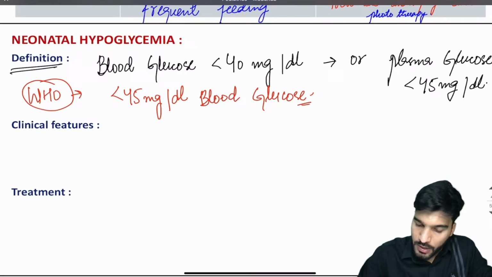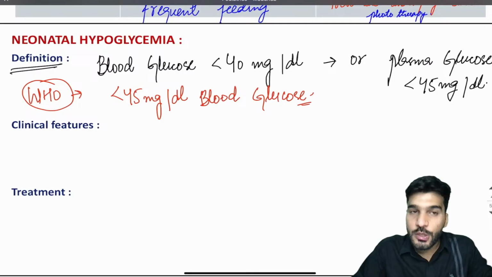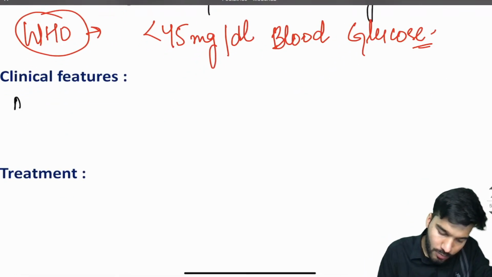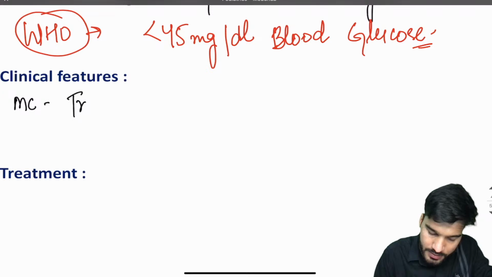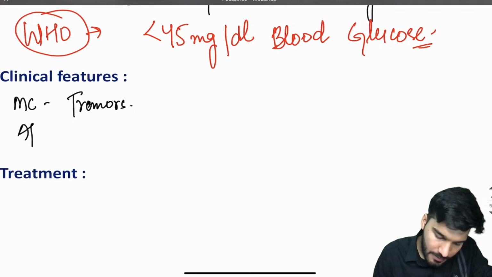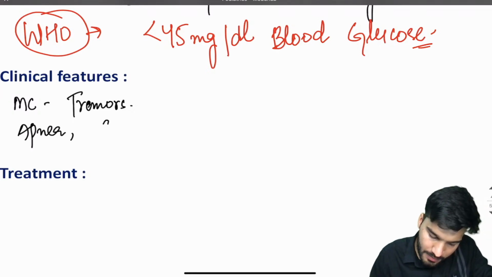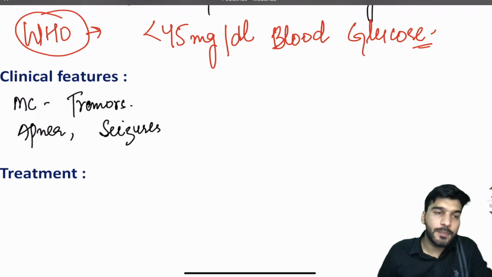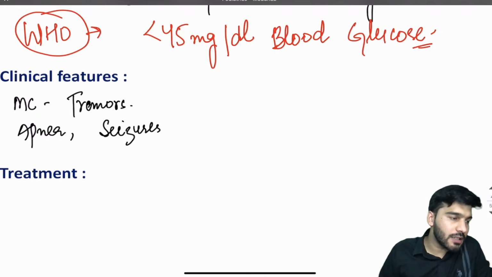Now talking about the clinical features of a neonate having hypoglycemia, the most common clinical feature is going to be tremors. Followed by that, there will be apnea. There can be seizures. What can be the other clinical features?